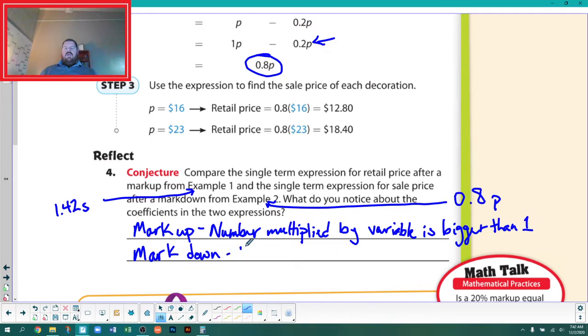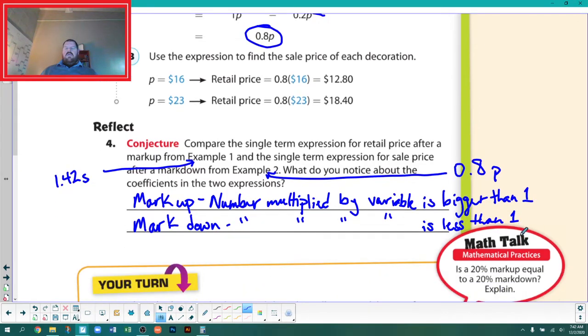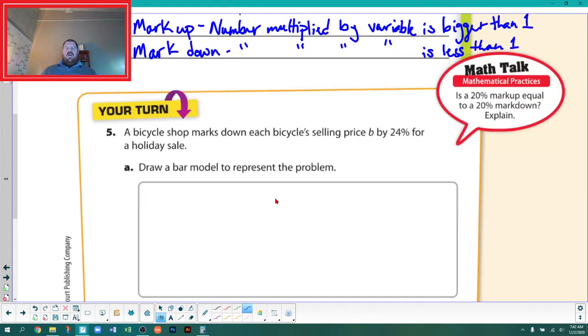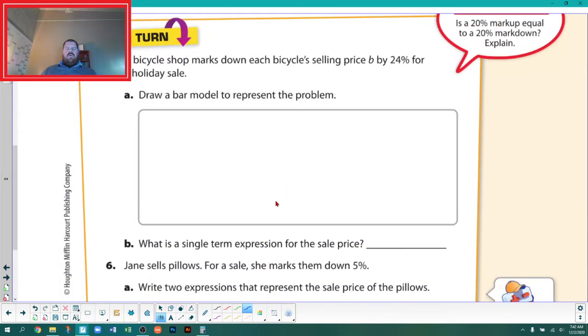In a markdown, the number multiplied by the variable is less than 1. Okay? Coefficient, the word coefficient just means the number multiplied by a variable. Okay, let's go ahead and try this problem.